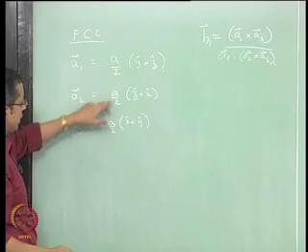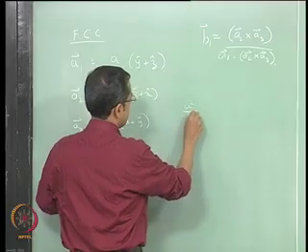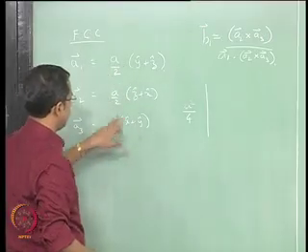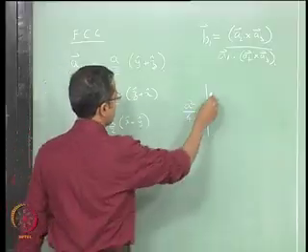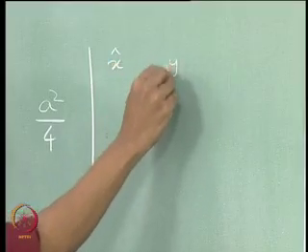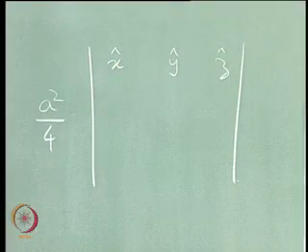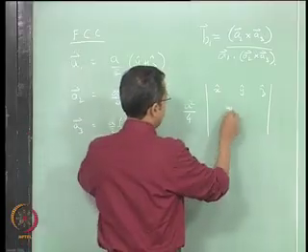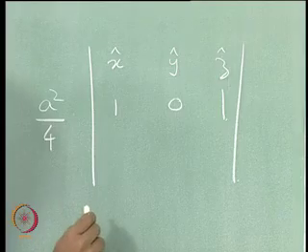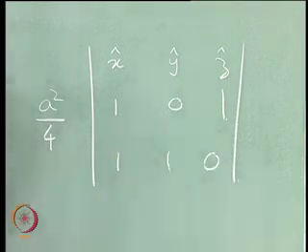So of course these two will get multiplied, so we will have a square by 4, and then we write x cap, y cap, z cap. z plus x we write as 1 0 1 and x plus y we write as 1 1 0. So we can evaluate this.